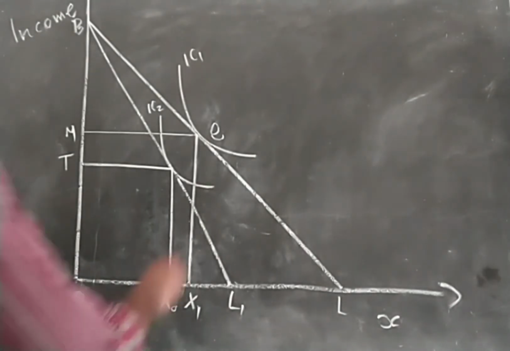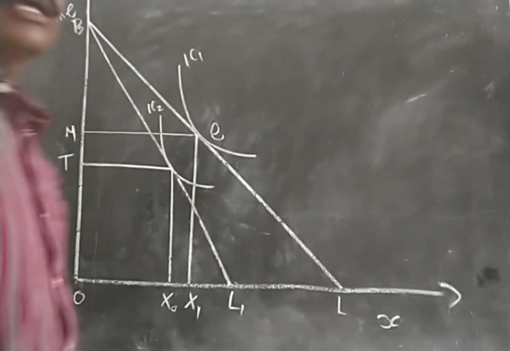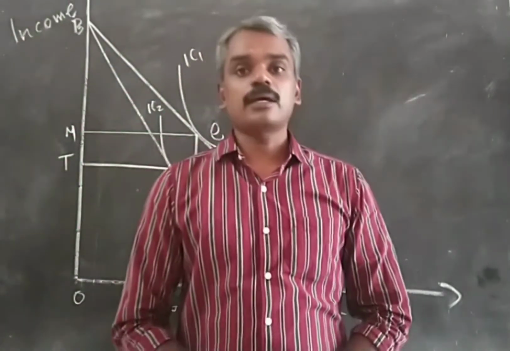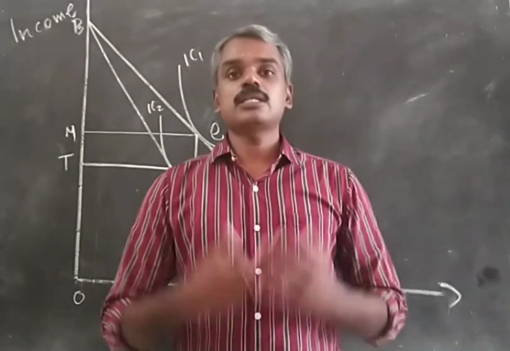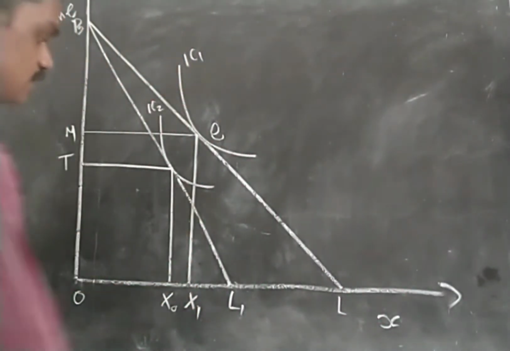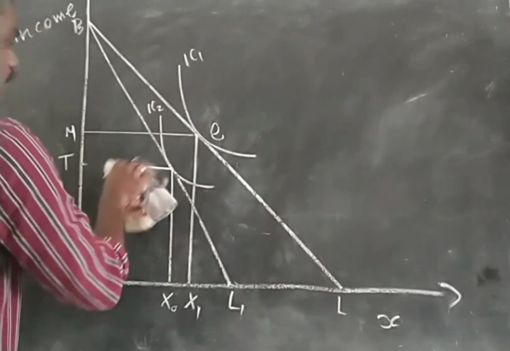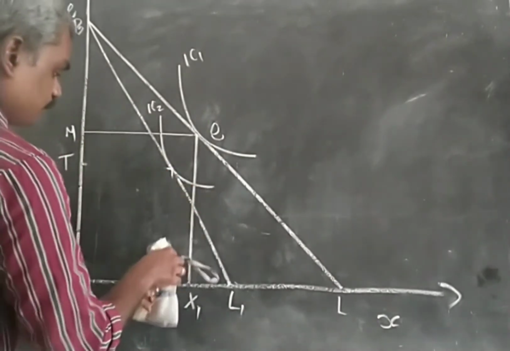If after the increase in the price of the commodity, he still wanted to buy OX1 of X, he wanted to maintain consumption at OX1, then what would now be his expenditure on that commodity?